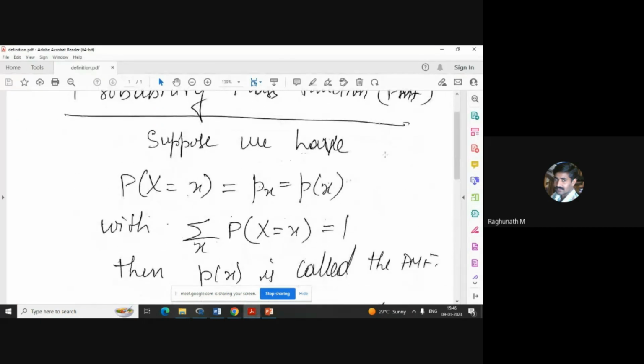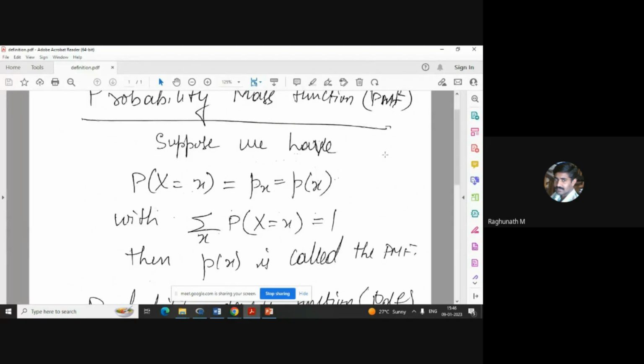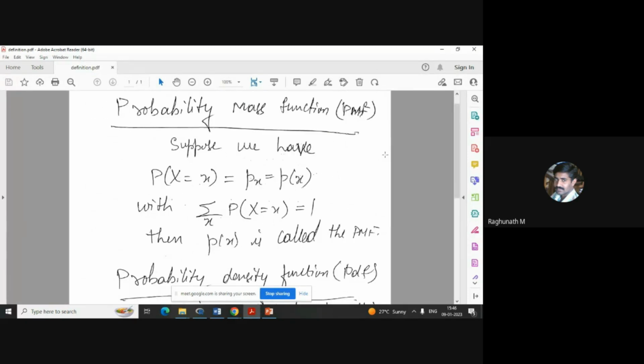So this is the basic definition of the probability mass function. Suppose we have omega, the sample space, and we have all those events, that is x. If the probability of my random variable equal to some specified value small x is denoted by p of x, and if the summation of p of x over all x is equal to 1, we say that this p of x is the probability mass function.